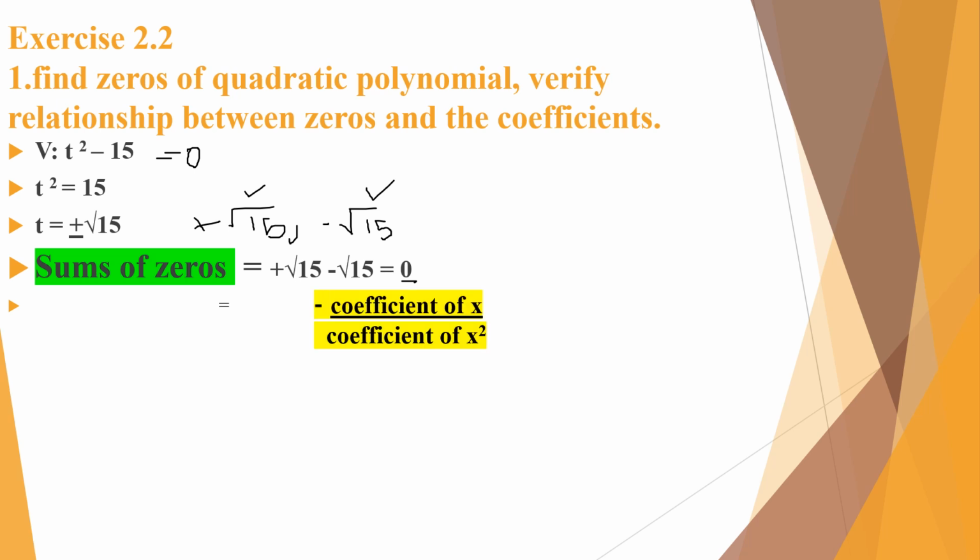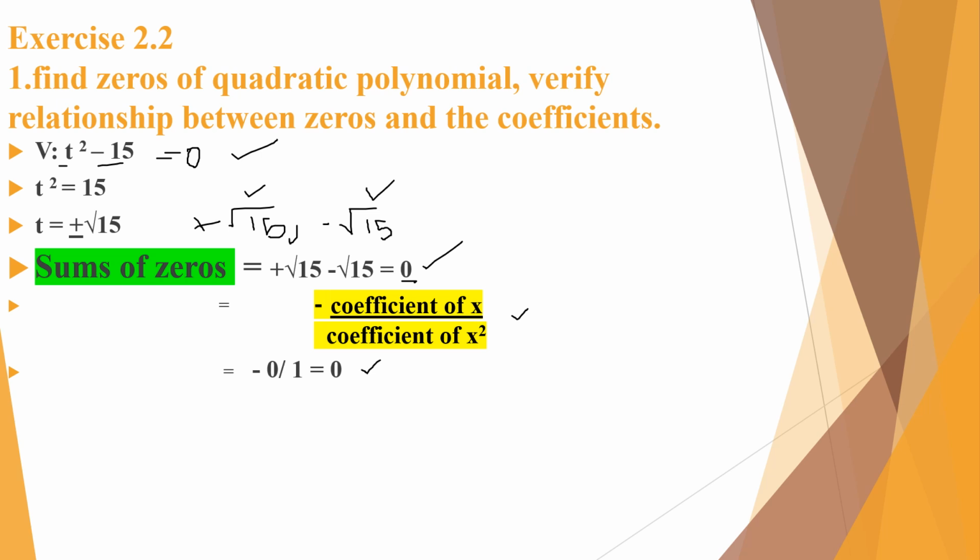The formula for the sum of zeros is minus coefficient of x divided by coefficient of x square. There is no coefficient of t here, and the coefficient of x square is 1. So minus 0 divided by 1 is equal to 0. The sum of the zeros got verified.